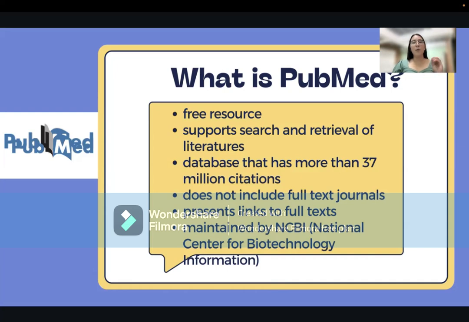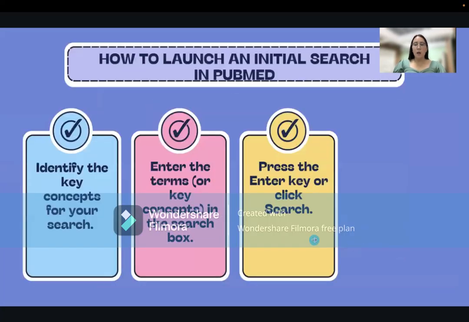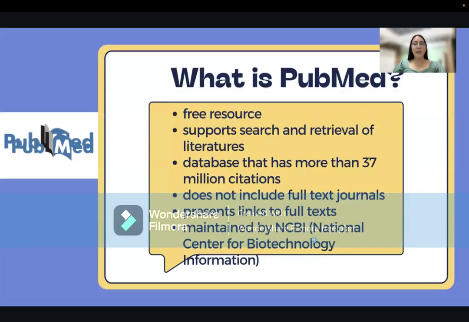So if you search on a specific topic, the links will be presented to you. You just have to click on the links and that will lead you to the full text of the journal. Or you can copy or click on the DOI to be redirected to the full text journal. PubMed is maintained by NCBI, or the National Center for Biotechnology Information.